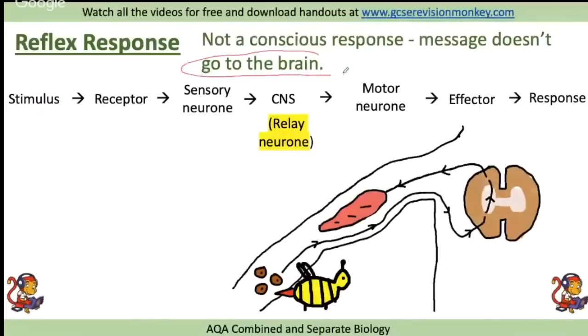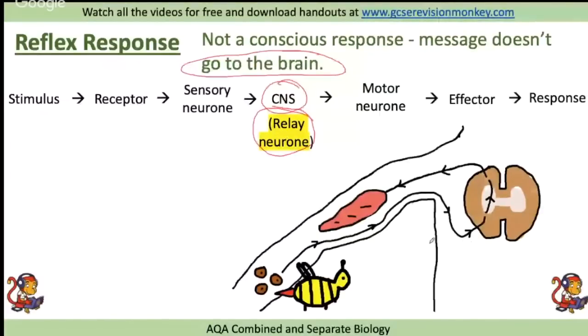So normally our central nervous system means that the signals go up the spinal cord to the brain and that coordinates the response. That's the coordinator. However, in this case, the message just nips across the relay neuron instead, which is in the spinal cord. So you might see a diagram that looks a little bit complicated like this.